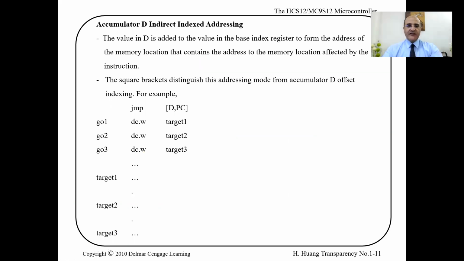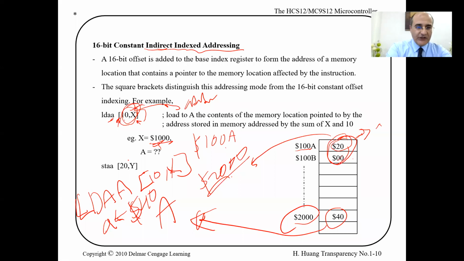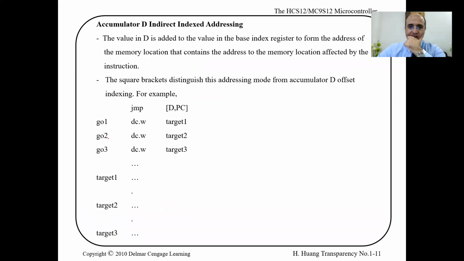Accumulator D indirect indexed works exactly the same. Instead of using a constant offset within the brackets, you can just use the D accumulator. This is the other addressing mode. For example, load X, bracket D, comma, Y. Y is our index register.